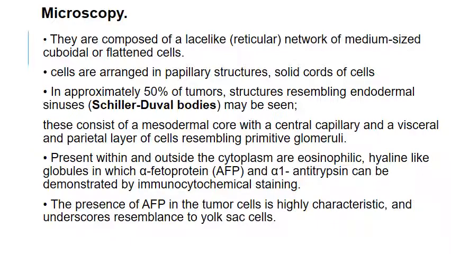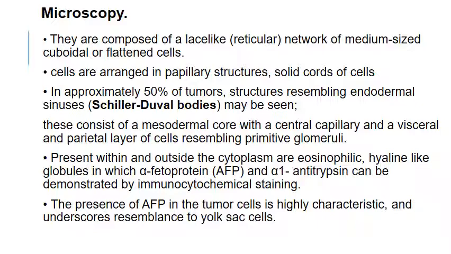Coming to the microscopy, yolk sac tumor shows medium-sized flattened to cuboidal cells arranged in the form of solid cords or papillary structures intermingled with sinuses resembling the Schiller-Duval bodies.